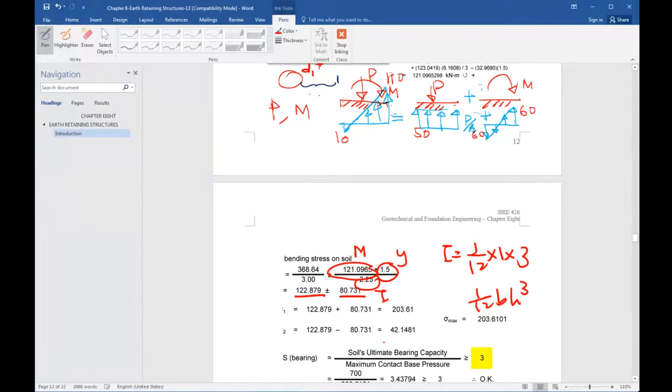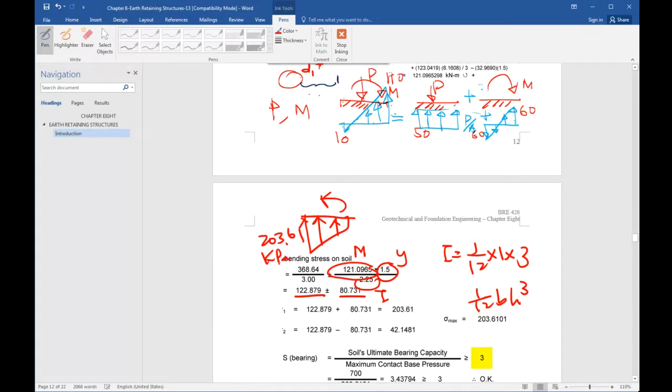Now remember that because it gives you the counterclockwise, right? So we believe that you have this. So that is 203.6 kPa.